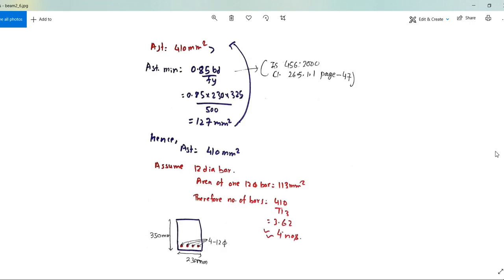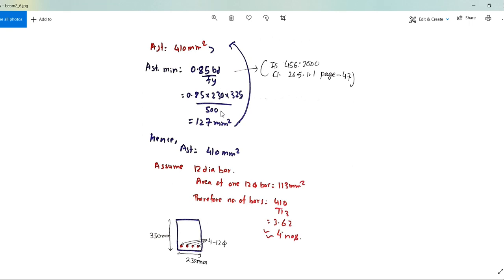But this calculation is not enough. We have to compare this Ast value with the minimum reinforcement required in any beam. We again go to page 47 of the same code, clause 26.5.1.1, which gives this formula: 0.85 bd by fy. b is the width of the beam, d is the effective depth, and fy is the reinforcement grade, that is 500.